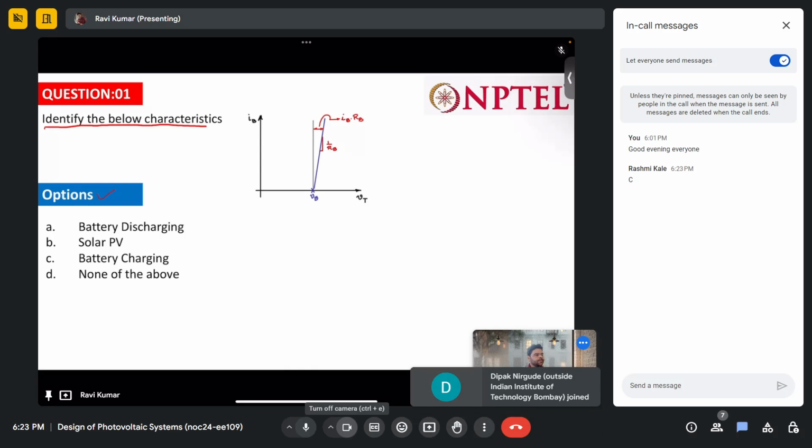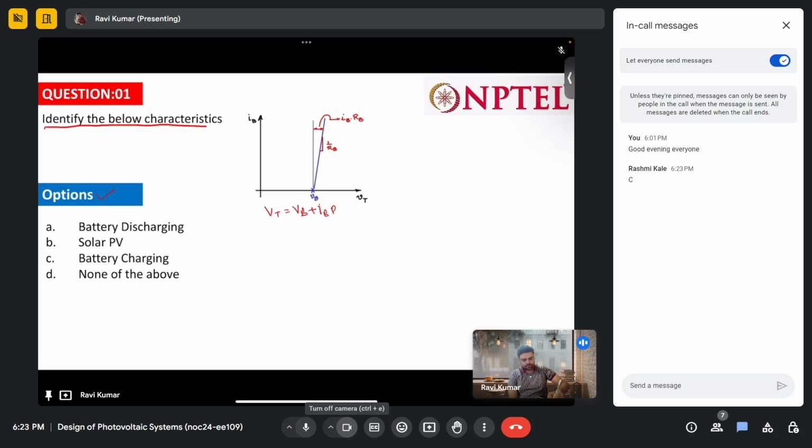Rashmi said C, that is battery charging. Yes, absolutely. Because we have Vt equals Vb plus Ib Rb. It is a positive sign, so it will go in this direction. So it is battery charging.